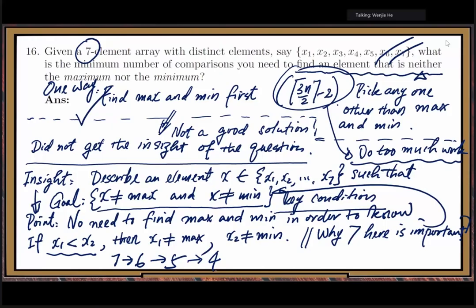So let's cross out another element. Because here the idea is, when we reduce the problem size, we can still get a valid solution of the original problem.